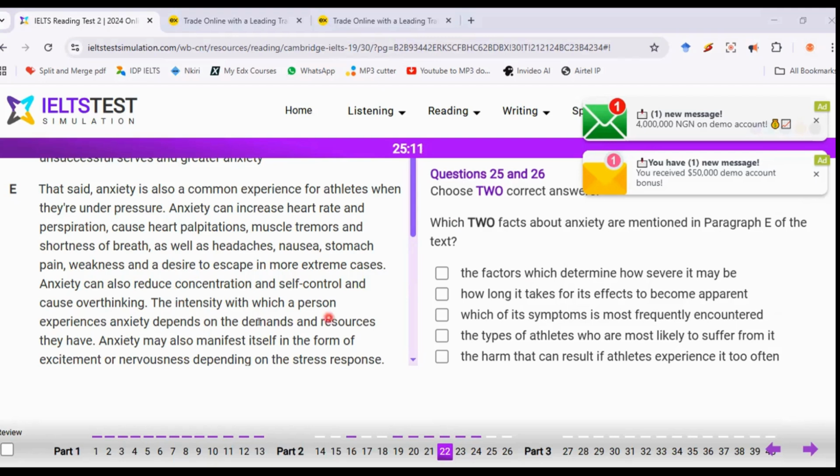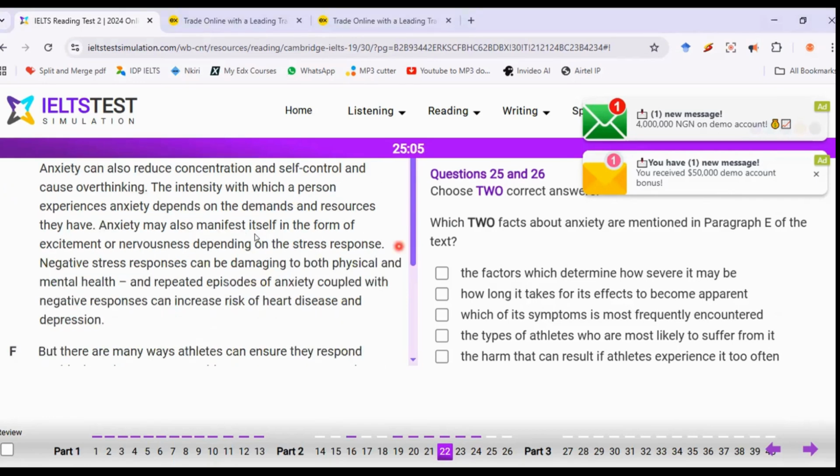The intensity with which a person experiences anxiety depends on the demands and resources they have. Anxiety may also manifest itself in a form of excitement or nervousness, depending on the stress response. Negative stress response can be damaging to both physical and mental health, and repeated episodes of anxiety coupled with negative responses can increase risk of heart disease and depression.